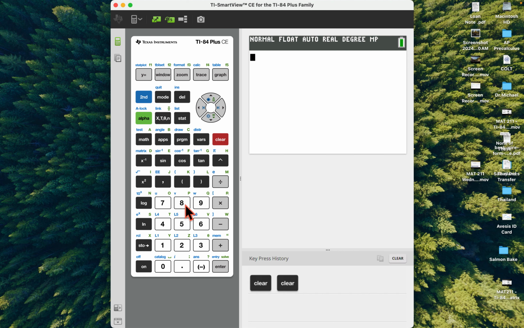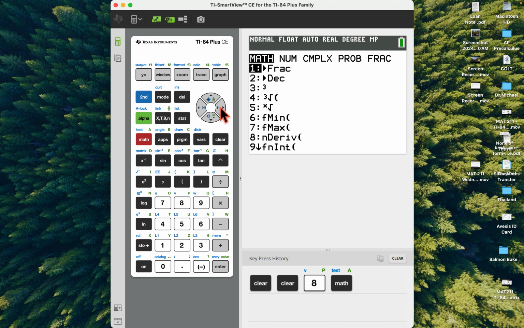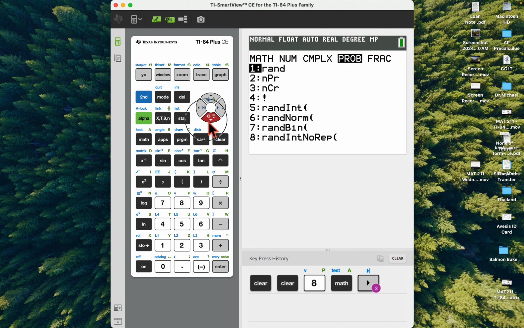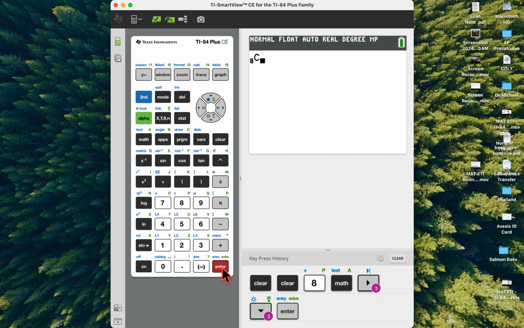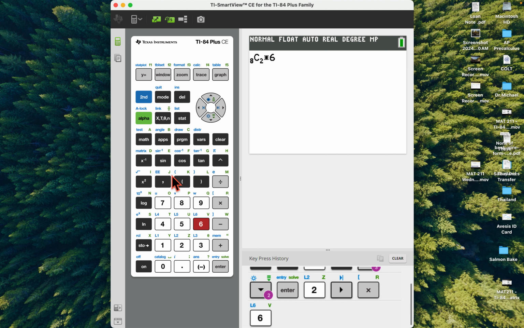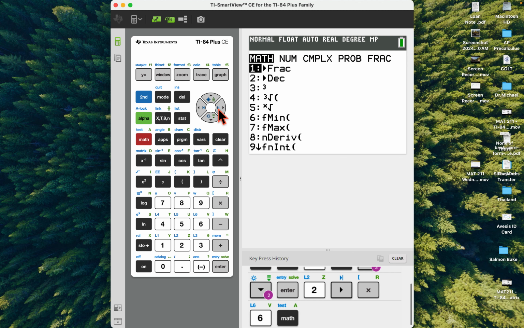It was 8, math, probability, the choice, and we were going to use 2 of them. That's for the T's. Remember, come over here and put a multiplication. I don't think it works if you just put them next to each other. It might, I don't know. But if it's not working, make sure you have a multiplication sign there.